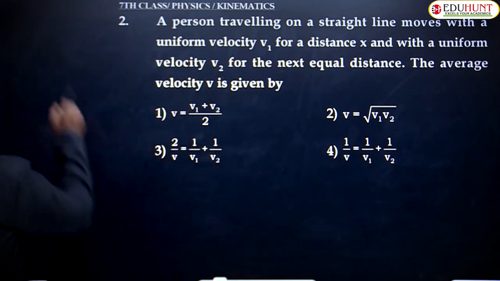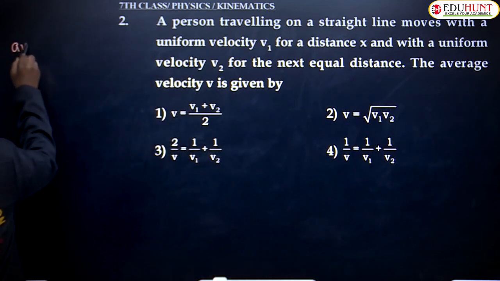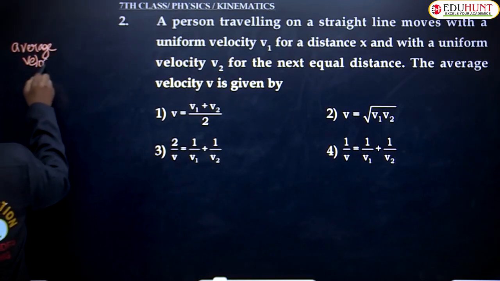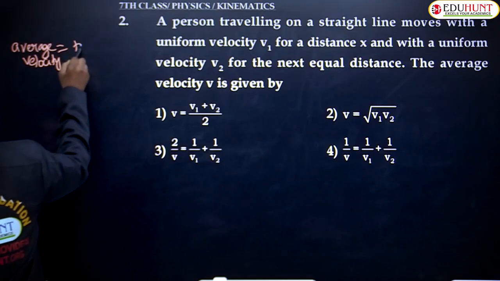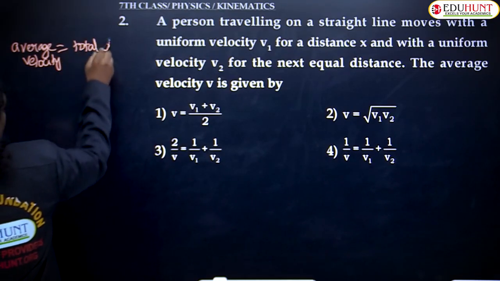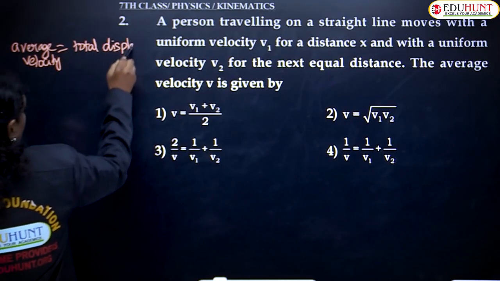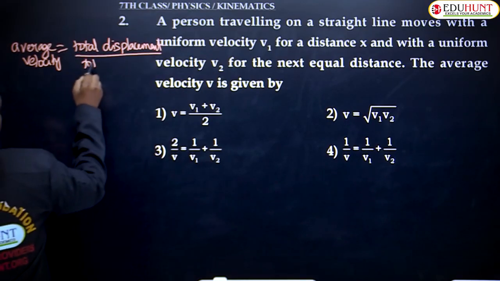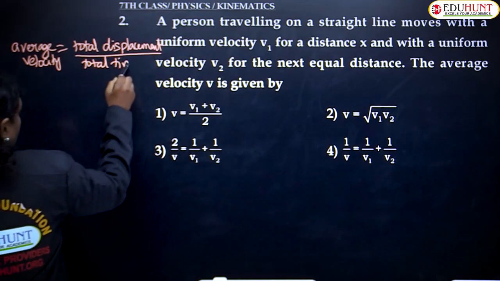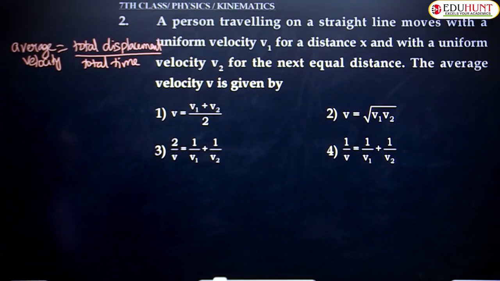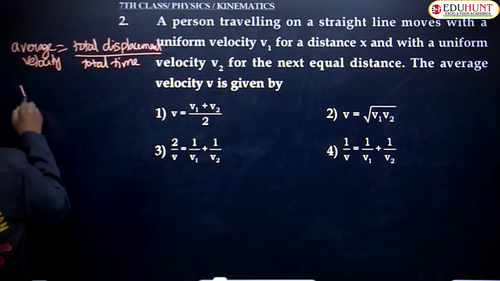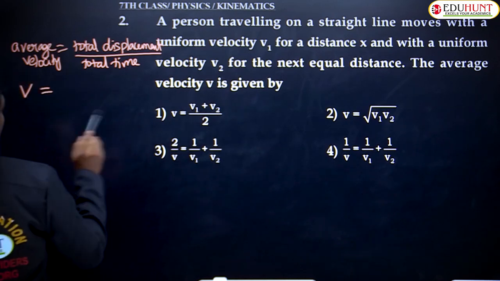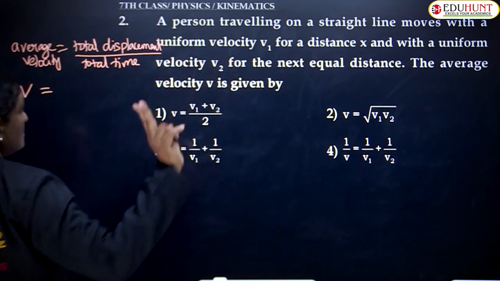So earlier, as I have told you, average velocity can be written as total displacement by total time. So we can write this average velocity as total displacement, which means how many conditions? 2 conditions.